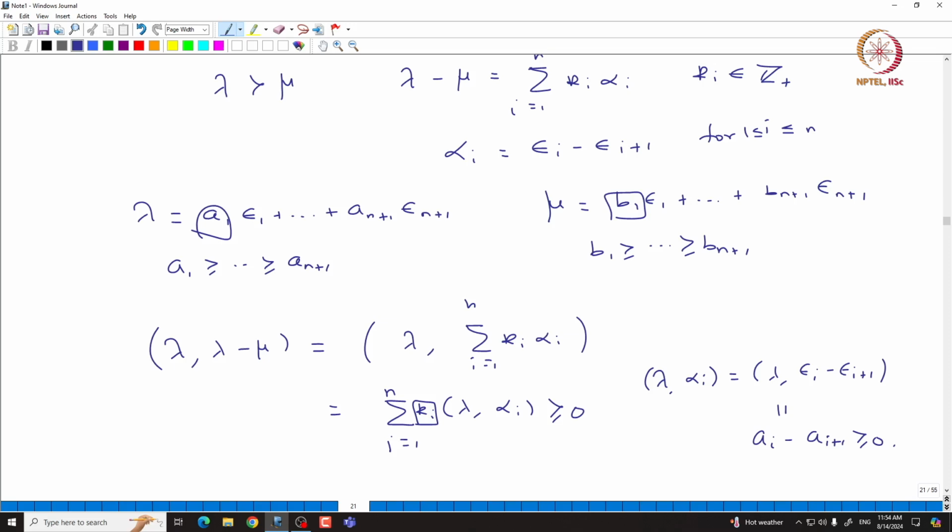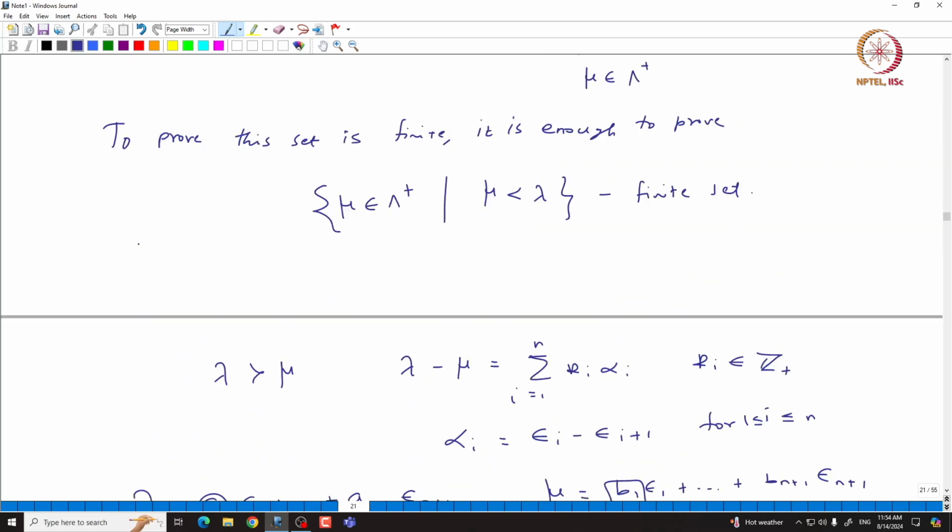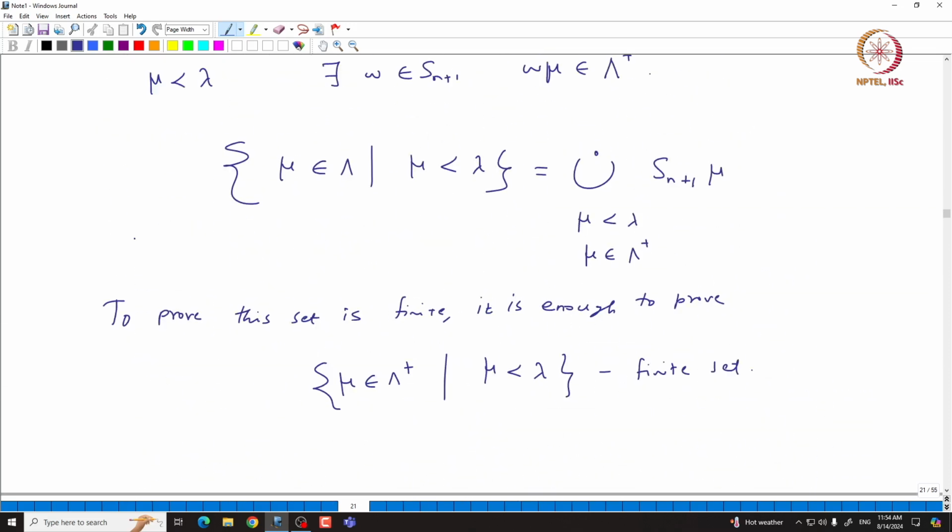So, this way you can conclude that the number of dominant weights which are smaller than lambda must be finite, and that is telling you that this entire union is finite, which tells you that the set of weights smaller than lambda is already finite for lambda dominant.